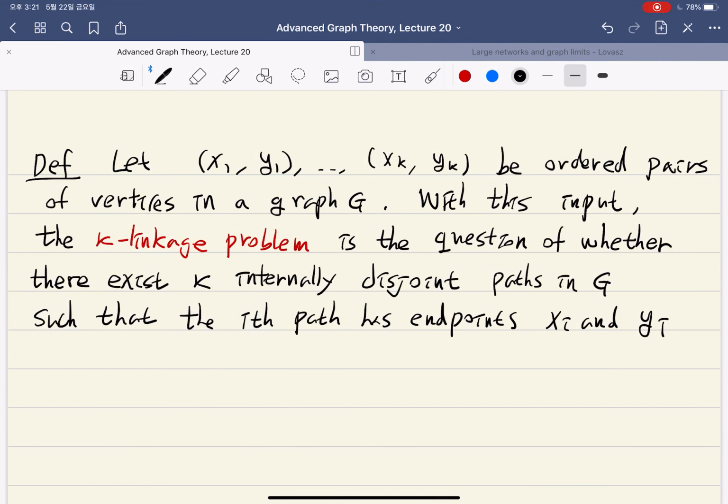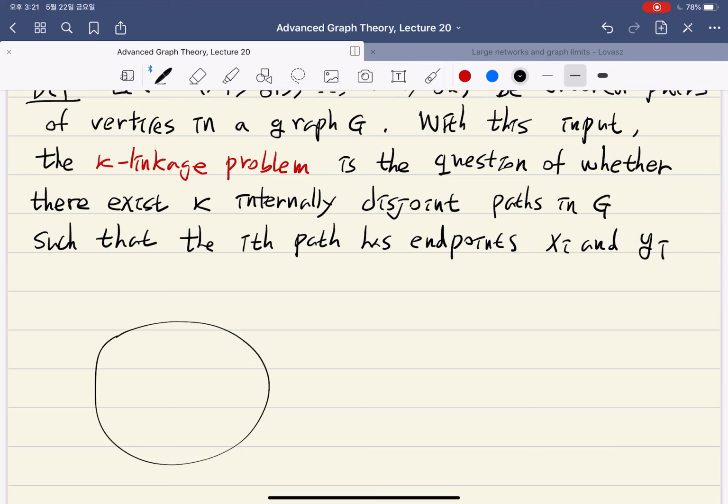So assume we have in graph G, assume we are given some pair of vertices.